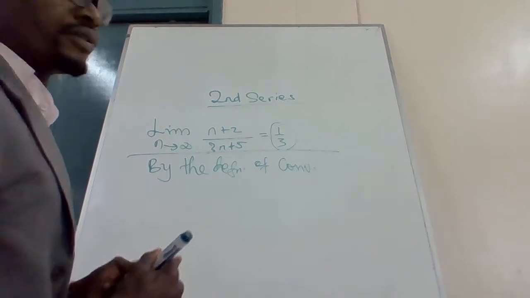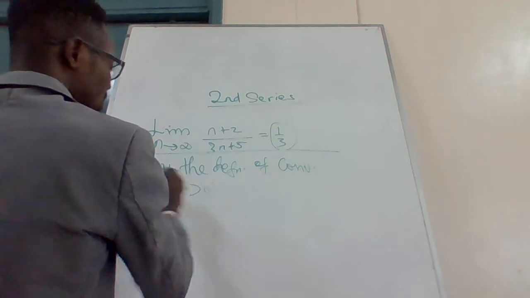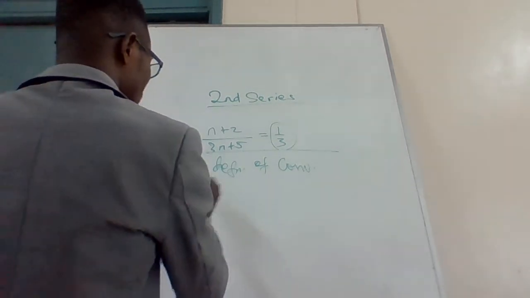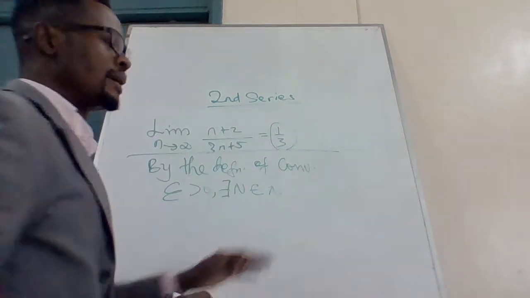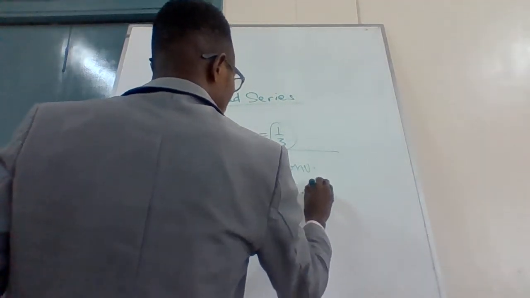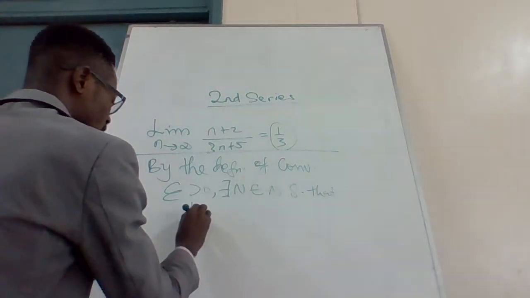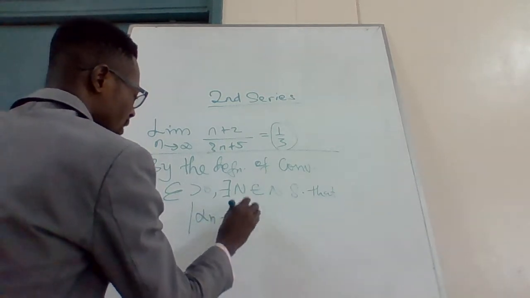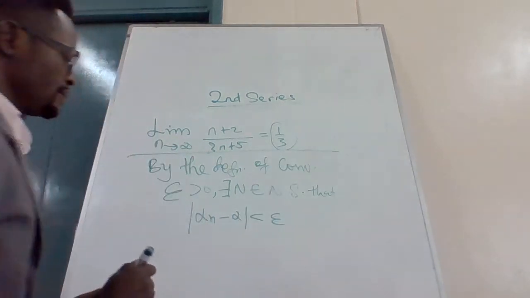By the definition of convergence, we know that epsilon must be greater than 0, and for all n a member of the natural numbers, which are integers, such that alpha n minus alpha, which is the limit, is less than epsilon.